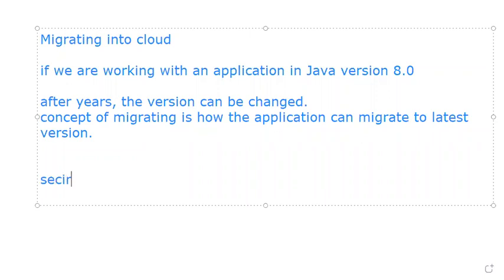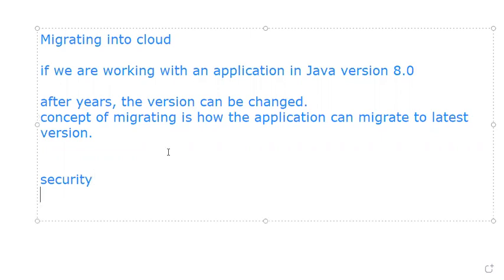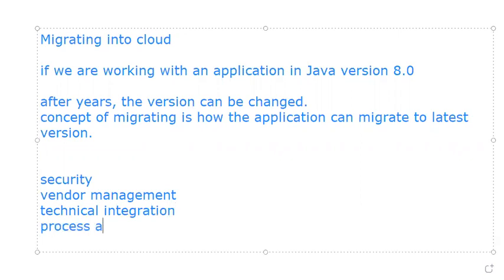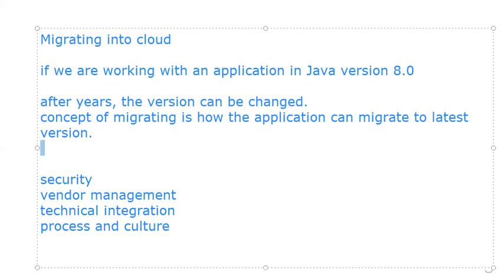The first one is security. The next one is vendor management, and technical integration, process and culture, and business. So these are the areas we have to focus on.